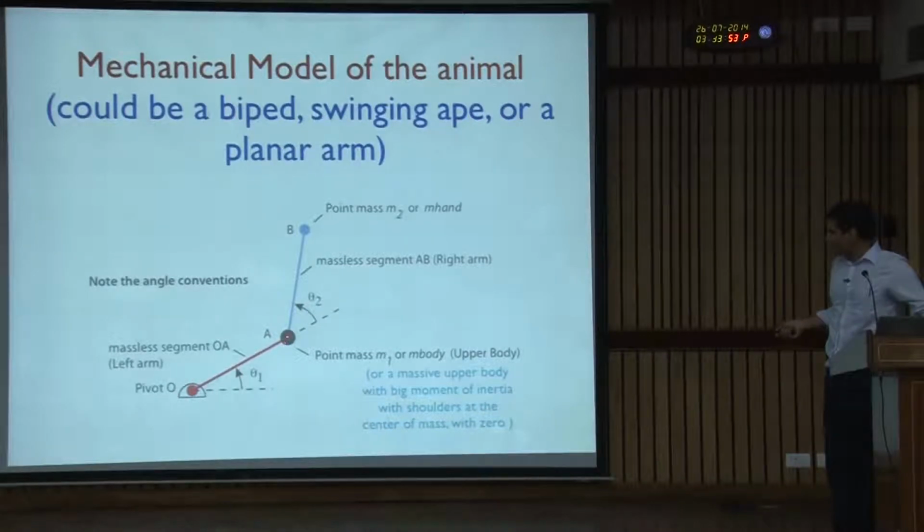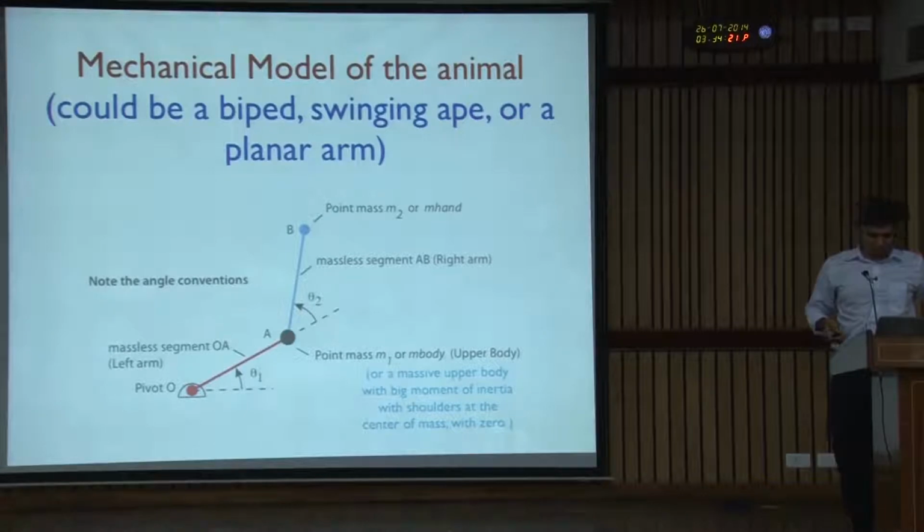This point is O, this point is A, this point is B. You're imagining that this point is M2 or M hand, this point is M1 or M body. In this particular problem, we are imagining that M1 is much bigger than M2 because it's the body and this is the something that represents the arm.